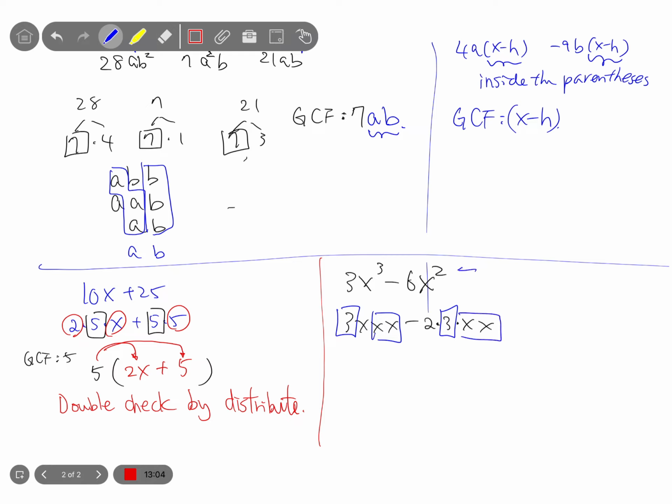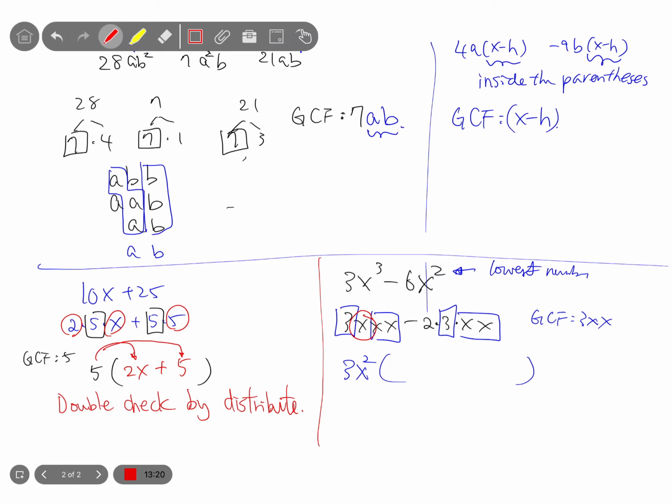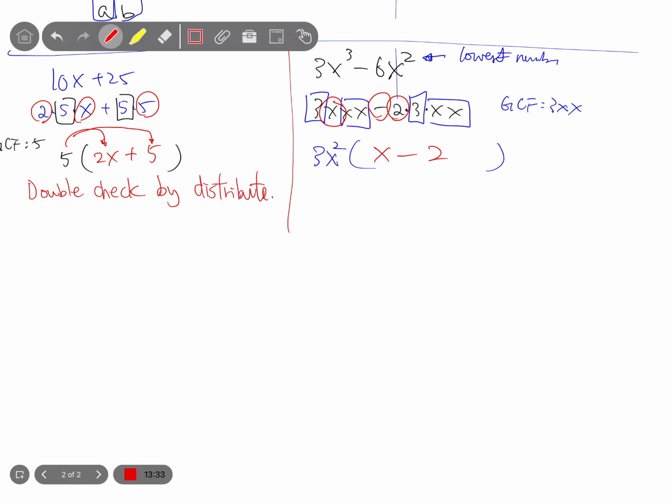Right, again, lowest number. So my GCF in this case is 3xx, so 3x squared in the front, and for the leftover, I have an x right here, I have the minus right here, and I have the 2 right here. So your final answer will be 3x squared times (x minus 2). Okay.